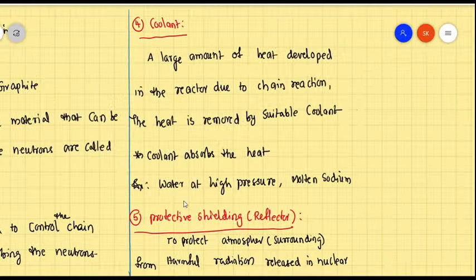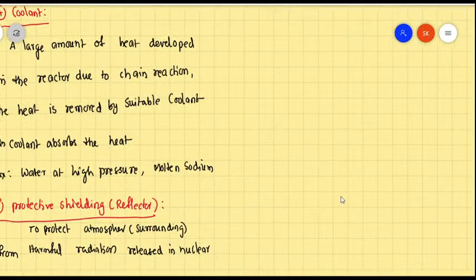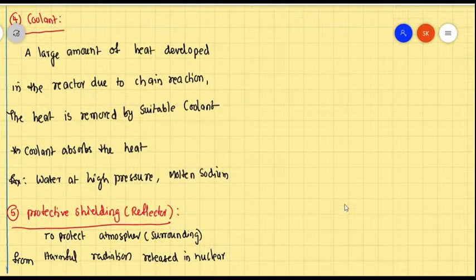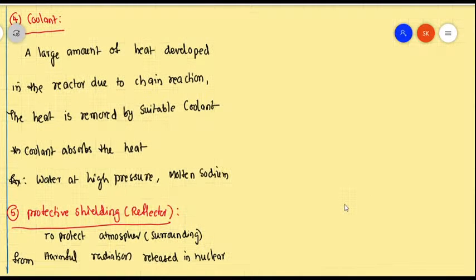In a nuclear reactor, nuclear fission takes place. In that, harmful radiation will be released. To protect the atmosphere from harmful radiation, we use the protective shielding, and this is the last part of the nuclear reactor.